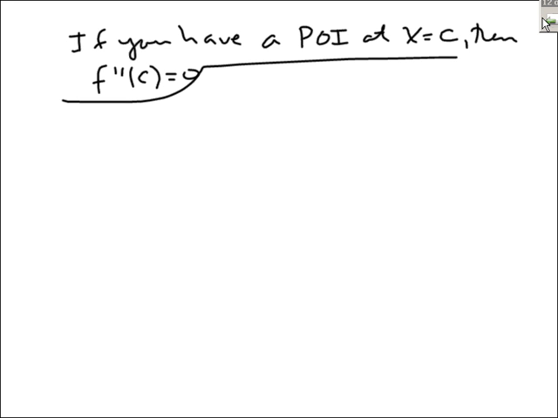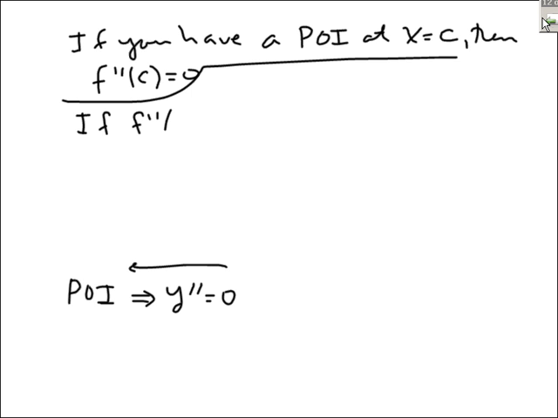Every time you have a point of inflection, it means the second derivative is 0. In shorter notation, point of inflection means the second derivative is 0. But I never said it the other way.